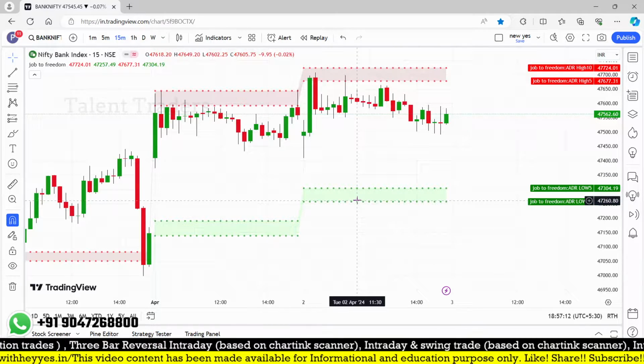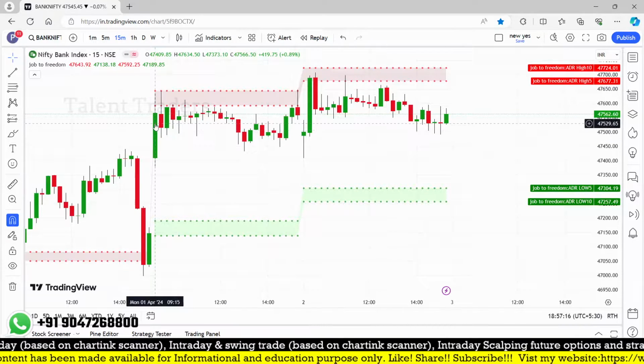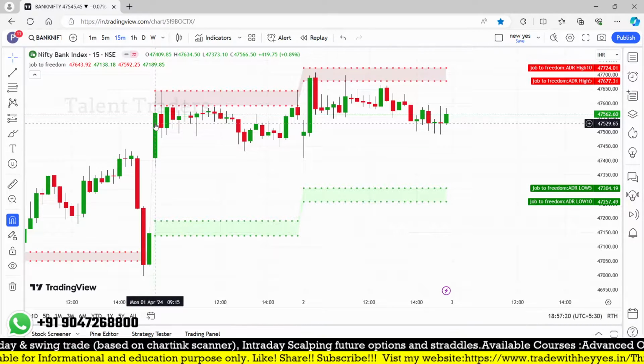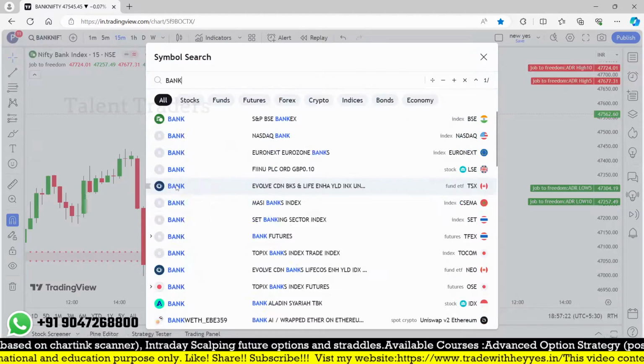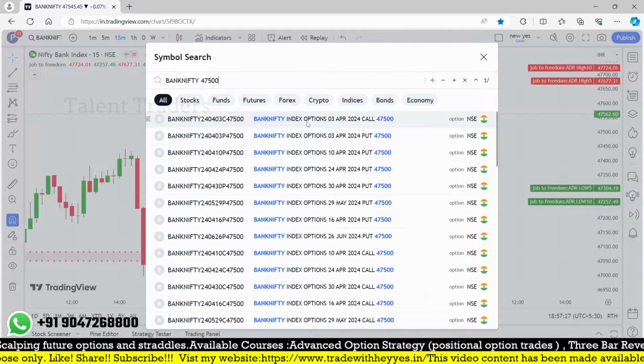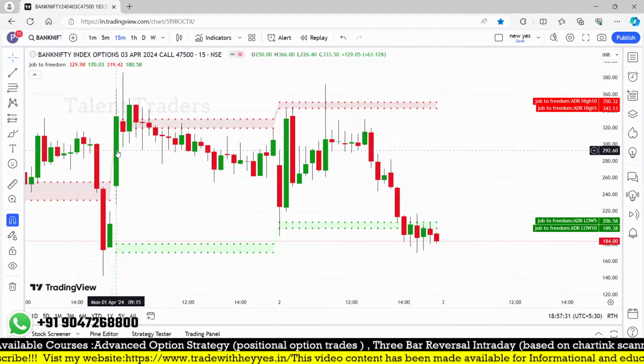So that helps, and you can even check it with an option's chart itself. Yesterday Bank Nifty started at 47,500. So let me go for Bank Nifty 47,500. I don't want to make this video too lengthy, so I'll be completing. Here is the candle which closes.